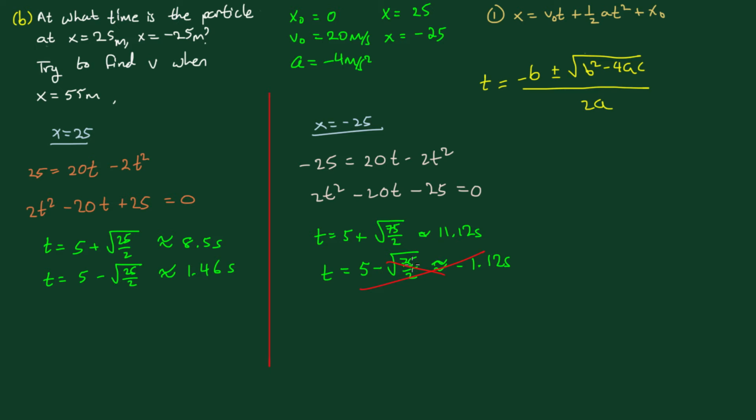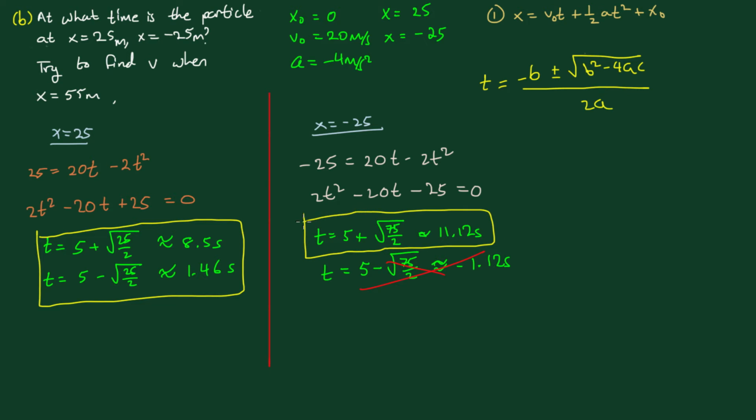So there's no negative time that we're working with here. So our solutions for the times are going to be here, 8.5 seconds and 1.46 seconds, and also here at t equals 11.12 seconds.